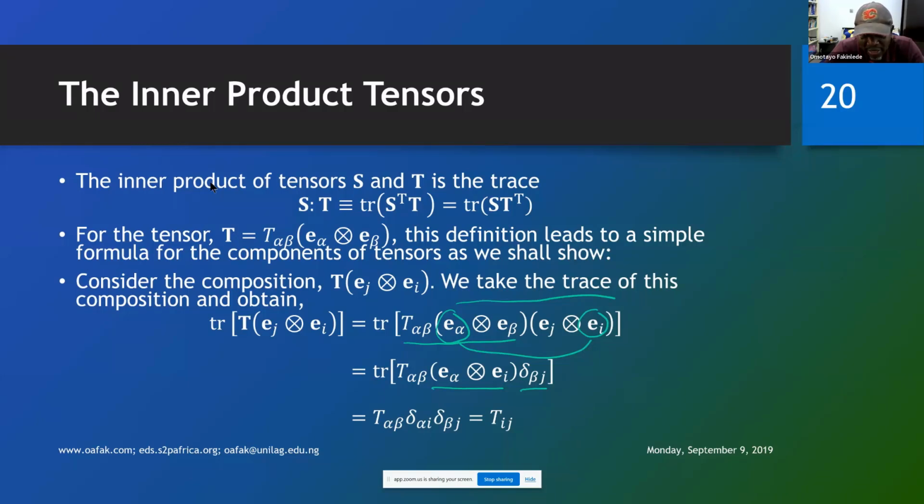And it doesn't matter. You can either take the transpose of the first one or take the transpose of the second one. But you maintain that. The other, you will discover later on, is completely irrelevant. You have what is called the inner product, which is also a scalar product of the two tensors, because what you get at the end of the day is a scalar, because it's a trace.